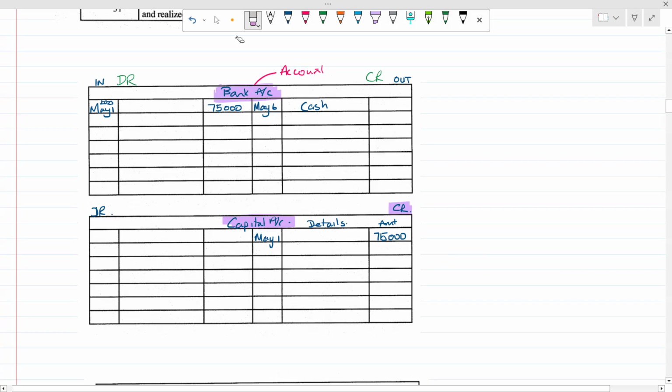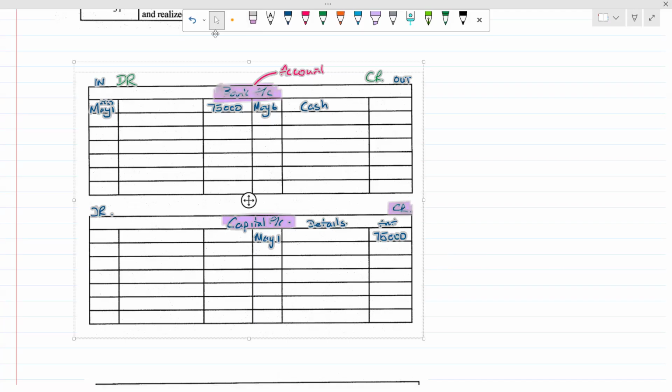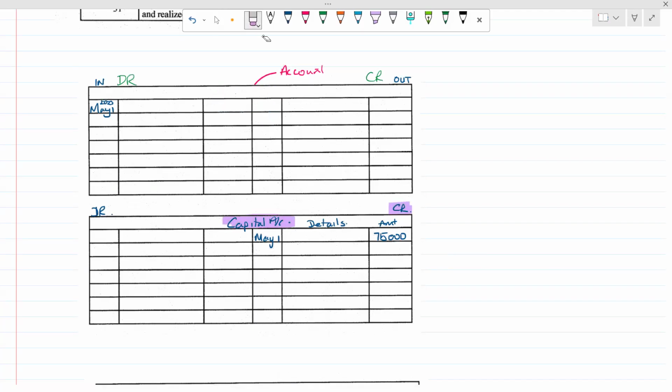The bank. All right. So if I do this, where is it coming from now? Why do we write something inside of here? This detail is telling us what? The account where the money is coming from.